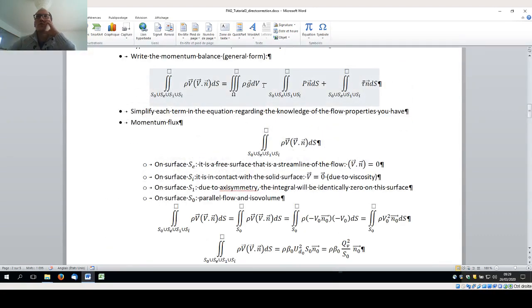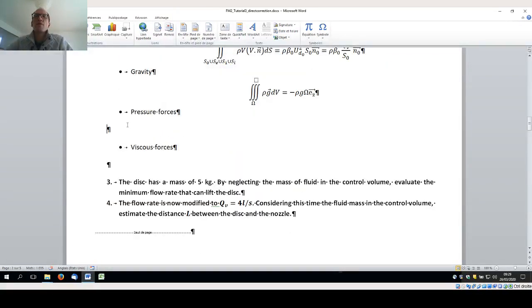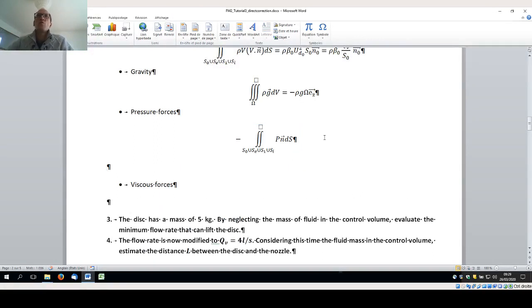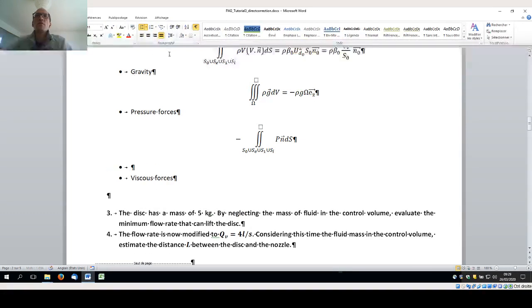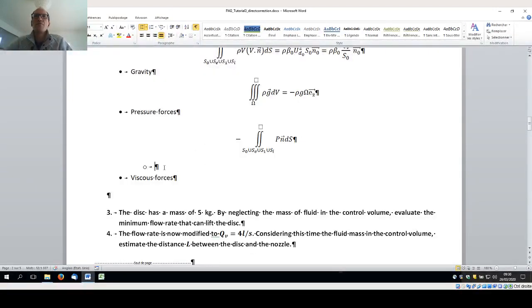So the pressure forces, this is the term like this. We'll do as we have done previously, namely we'll take each surface like this.